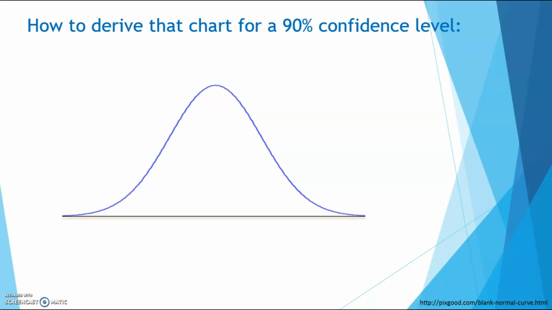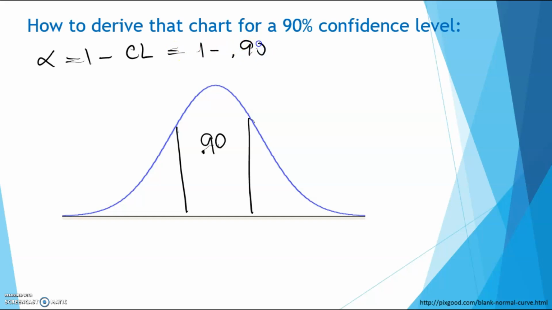Okay, so they gave us a confidence level of 90%. Remember that the confidence level is going to go in the middle. And I'm going to change it from 90% to 0.90. Okay, to get alpha, alpha is 1 minus your confidence level. So that's going to be 1 minus 0.90, or the same thing as 0.10.